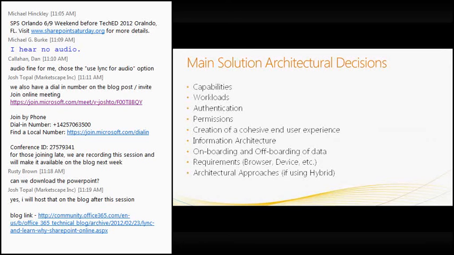Data might not be altogether confidential, such as the HR plan, for example, but if someone's working on the HR plan for next year and it needs to not yet be published, then that permission level can be changed on the fly. Make sure you have the creation of a cohesive user experience in your plans as well, because many times people are not going to want SharePoint to look like SharePoint, but they're going to want it to be part of the actual organizational content, look, feel, and branding altogether.